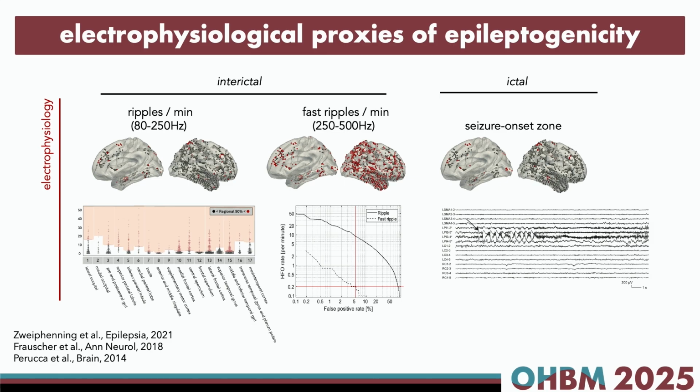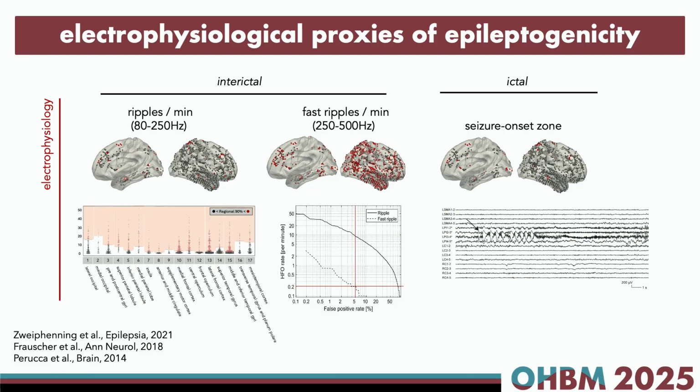There is a long history of using electrophysiology to locate potentially epileptogenic zones in the cortex. We cover several interictal and ictal measures. These interictal measures are taken when the patients are not having seizures, during non-REM sleep. Ripple events and fast ripple events are high-frequency oscillation bursts. We all have them. They subserve physiological functions, but when they exceed certain either region-wise or whole brain thresholds, they are considered pathological.